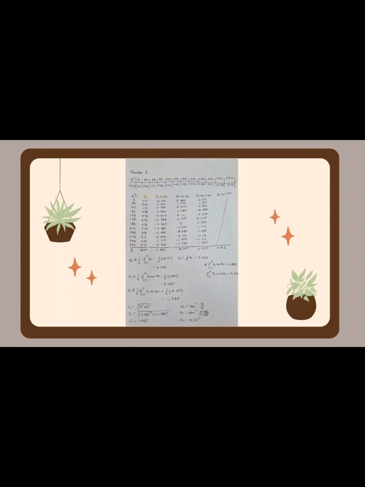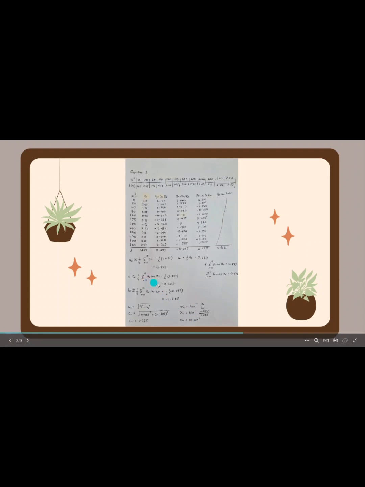And then we can also look for C naught, which is half A naught. So A naught divided by 2, we get 2.364. And then we proceed with finding the values for A1, B1 and C1. For A1 and B1, we use the same formula, 1 over 6 summation from 1 to 12 of y cos xr.